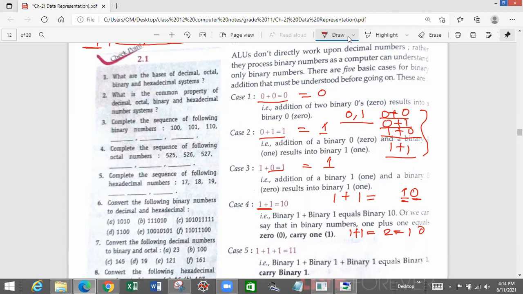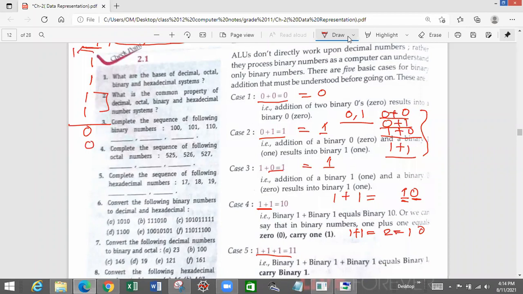Now, if there are three binary digits, how do we handle 1 plus 1 plus 1? I will show it very simply. We start with two bits only. 1 plus 1 is 1, 0, so we write 0 and take a carry 1. Now again 1 plus 1 is 0 with a carry 1, and the carry goes on this side.